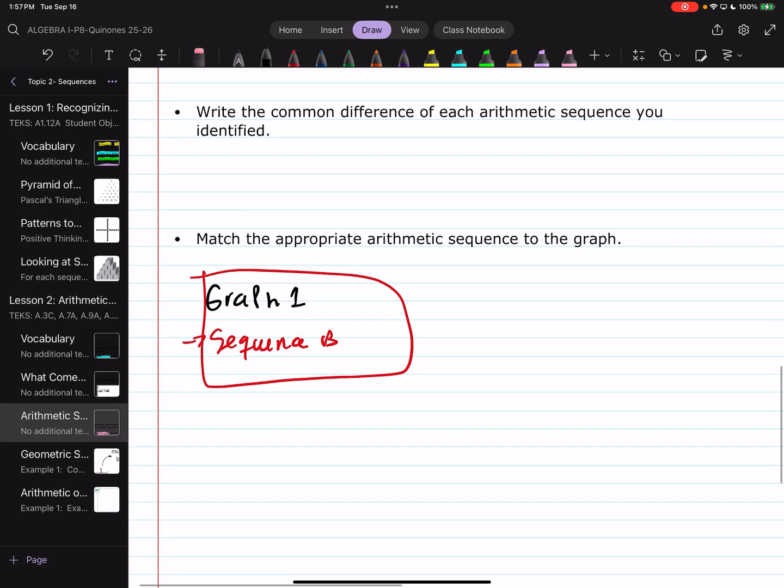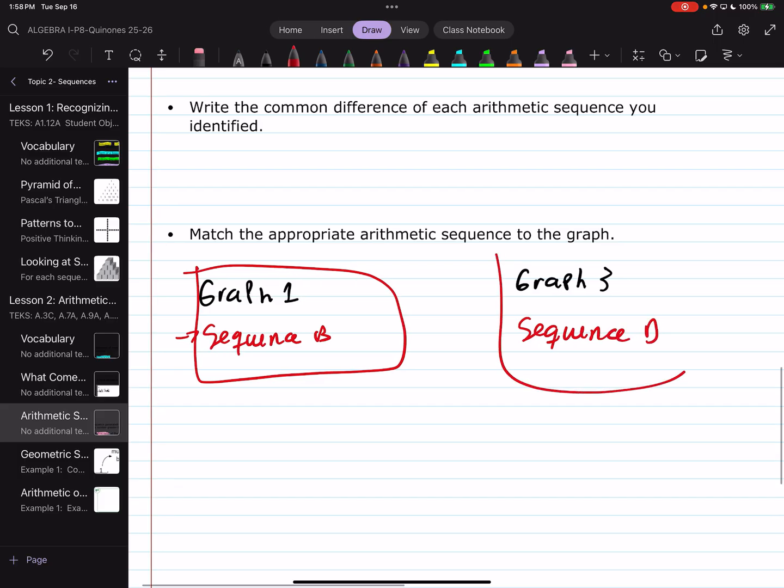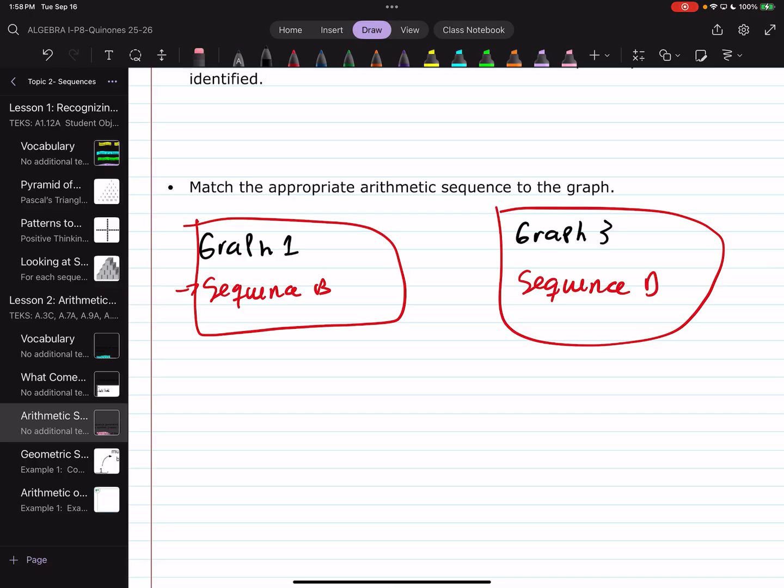Okay. Let's try Camila and Chloe's group again. I want to match graph 3 with the correct sequence. Which one is it? D as in dog? Class, do we agree? Does it match sequence D? Yes, it does. I agree also. All right. Haley's group, you're up. I want to match graph number 4 with the correct sequence. Which is it?